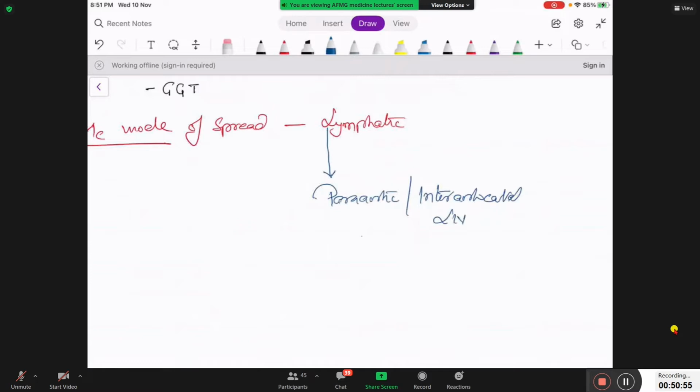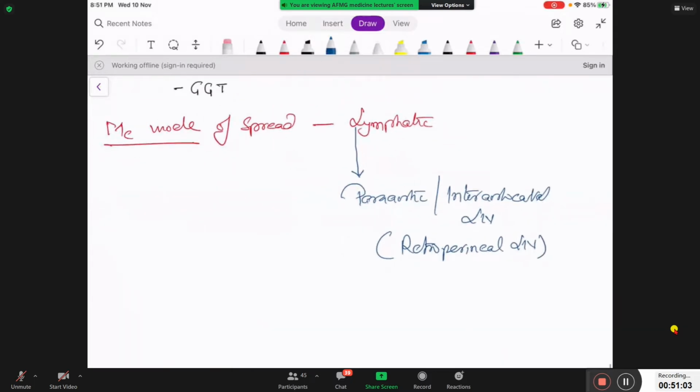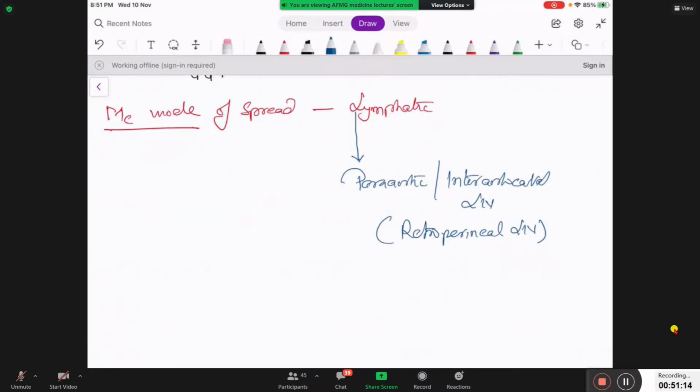Important. That is retroperitoneal lymph nodes. Para-aortic or inter-aortocaval lymph nodes. Okay.